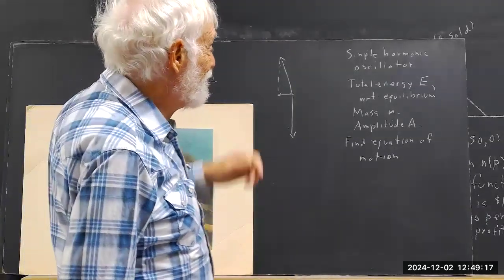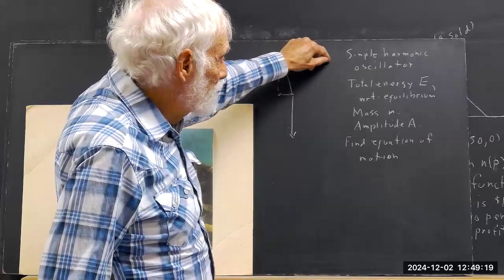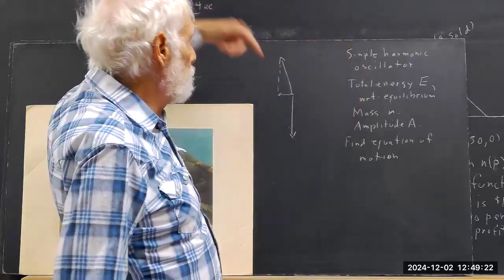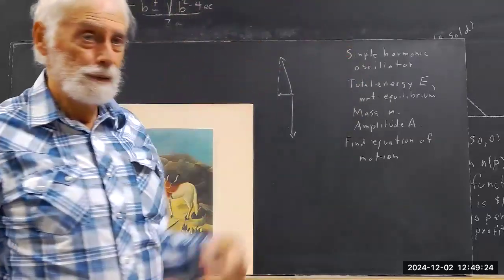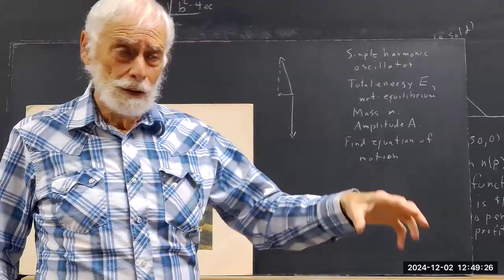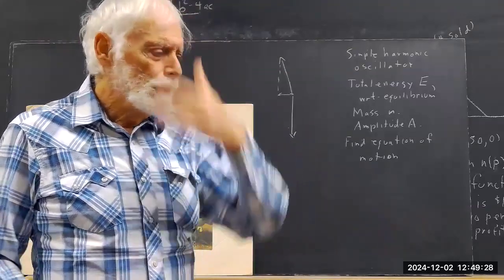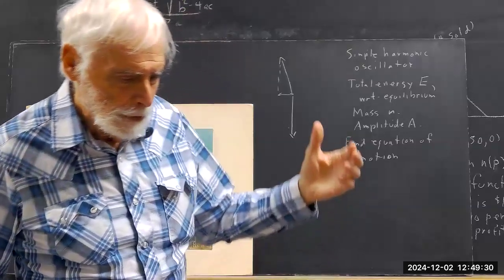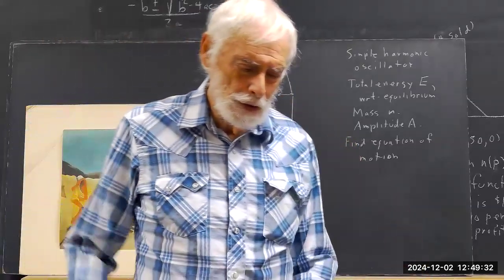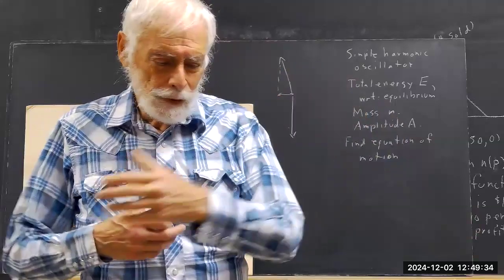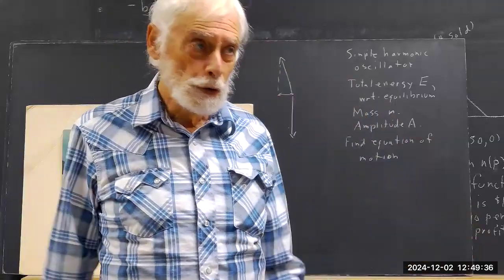Okay, simple harmonic oscillator. So that was one idea that I saw, and there were a lot of good ideas that came out. Somebody said something about amplitude, and potential energy being equal and opposite to the work done by the conservative force.